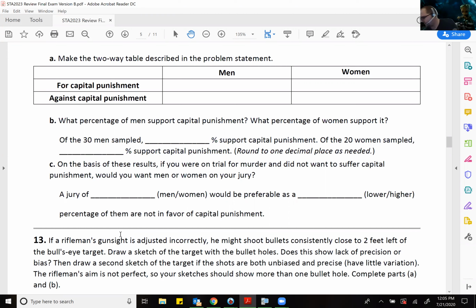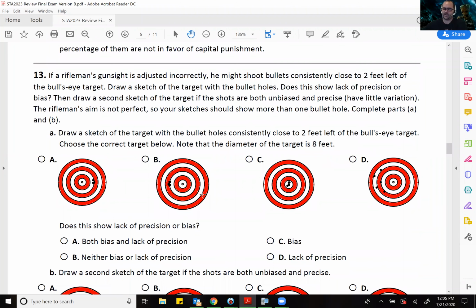Okay. Still moving on here. So number 13. Okay. This one is coming to us from 7.2, I think so. Let me double check.